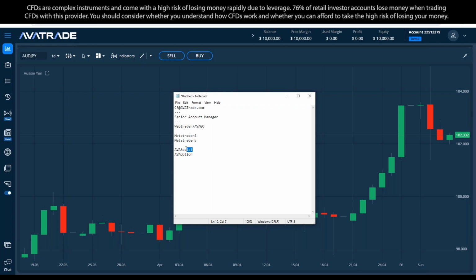Now about Ava Social, we have 2 main functions on it, which are follow and copy. In a nutshell, Ava Social is built to let you follow or copy someone.